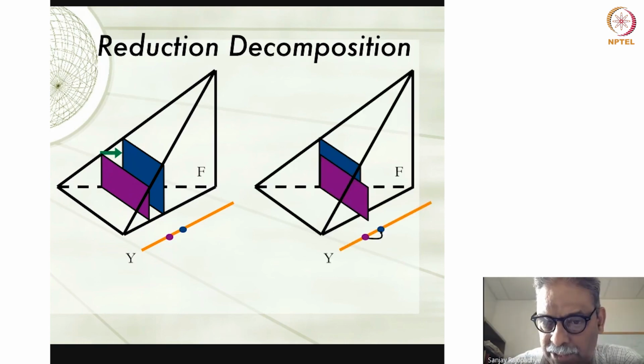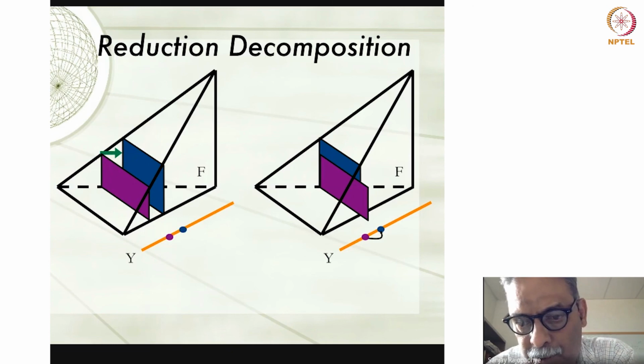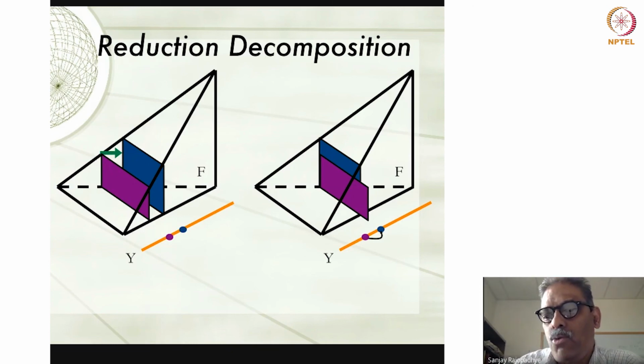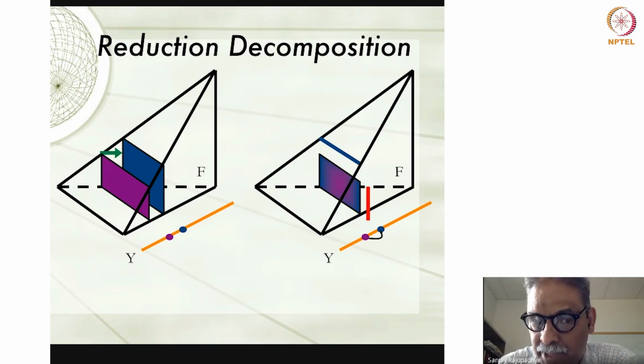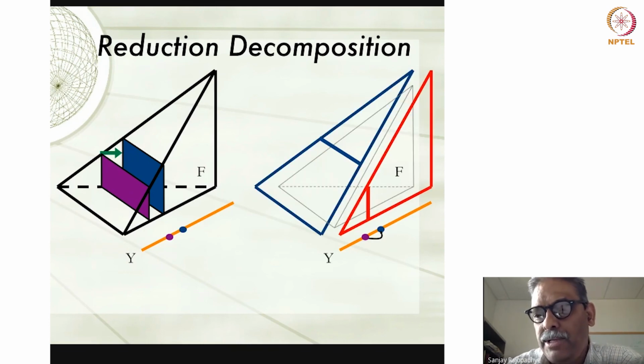If I shift it like this, if I move the purple to the blue, there is one new face, but one face has to be subtracted. It was there in the purple, but not in the blue. And so overall, I have that face of the pyramid that has to be subtracted and the blue face that has to be added.